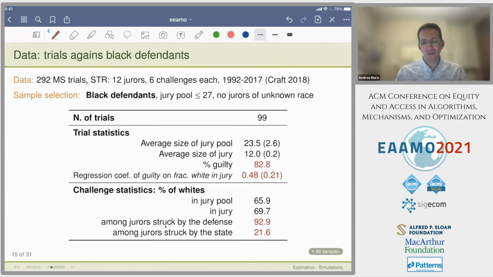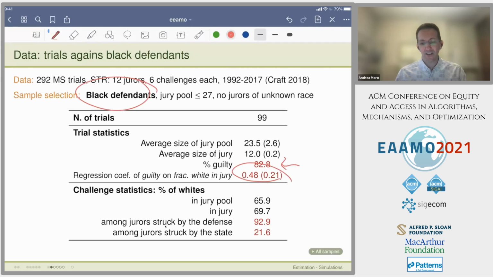And to give you an idea of how these moments look in the data that we found, which come from investigative journalism research, if you look at trials against black defendants, about 83% of people are found guilty in these trials. There's a strong correlation between the fraction of whites in jury and convictions, strong and statistically significant.